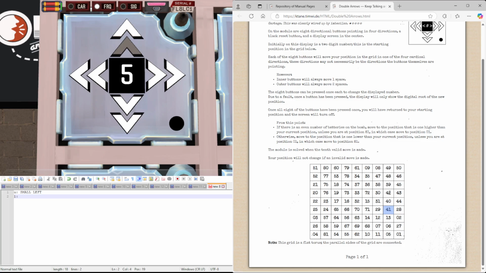What about the double ones? We have 6, 8, 6, 7. So both would have ambiguous cases, so let's just go all left. We get 4, so we went either up or down.